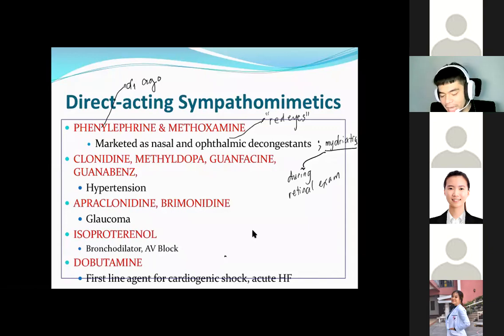What does that mean? Why do we need to do a retinal exam? Periodic retinal exams are performed in patients with diabetes mellitus. So what's the connection?